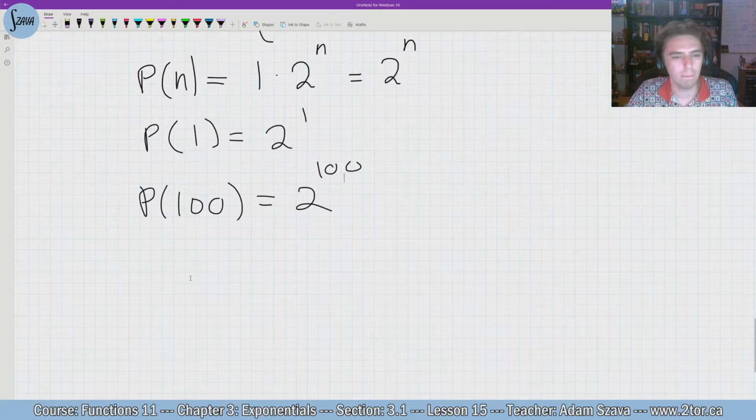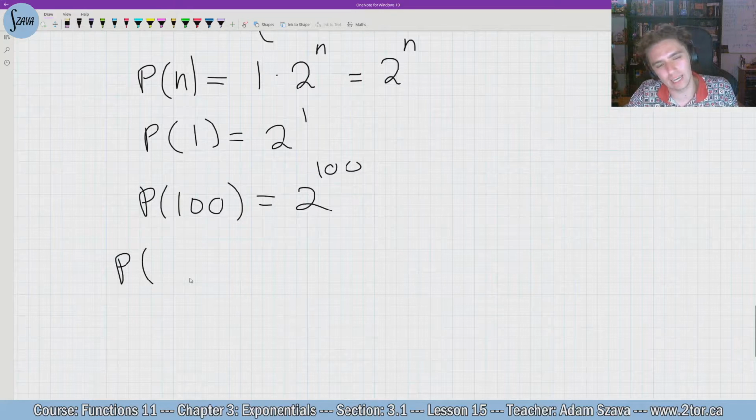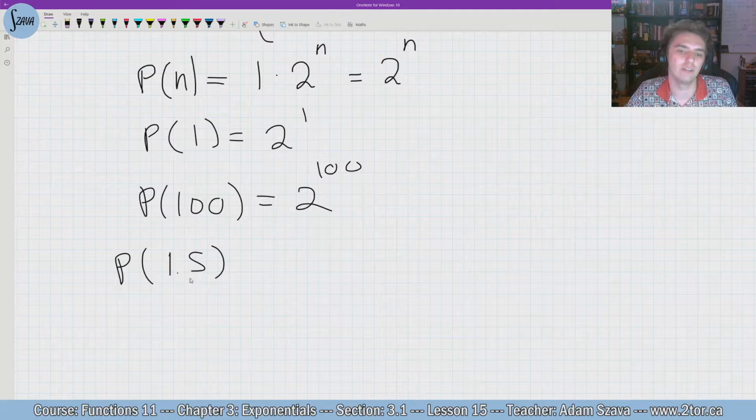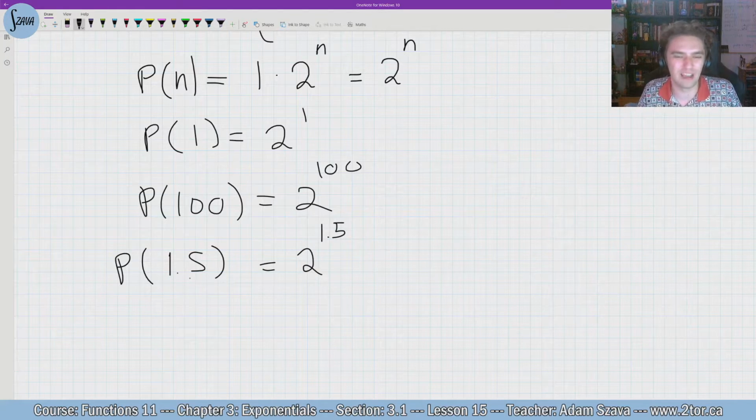But I don't know how to calculate p of 1.5, which would be 2 to the power 1.5. We don't actually know how to compute 2 to the power of 1.5 yet, do we? This is 2 multiplied by itself 100 times. This is 2 multiplied by itself 1.5 times. So how do you do that? That's something we're going to talk about in section 3.3. There is a way to do it. This is a number, but I haven't discussed how to actually do that yet.